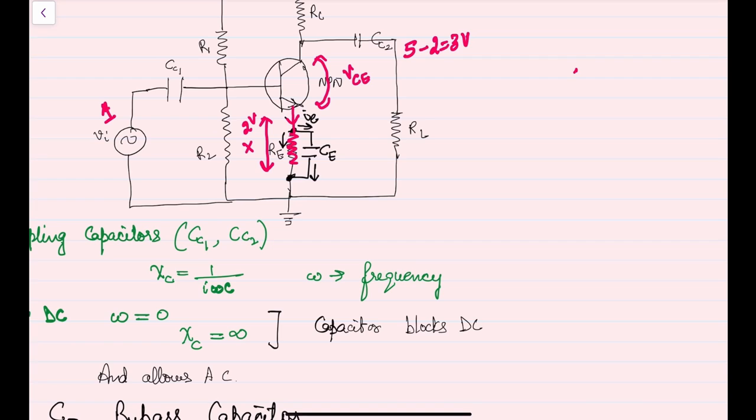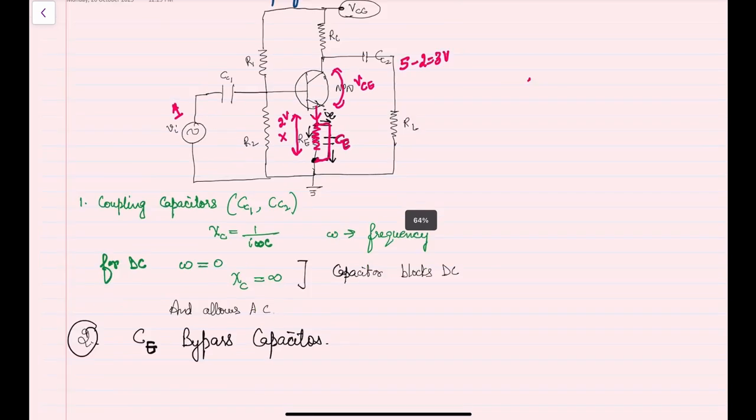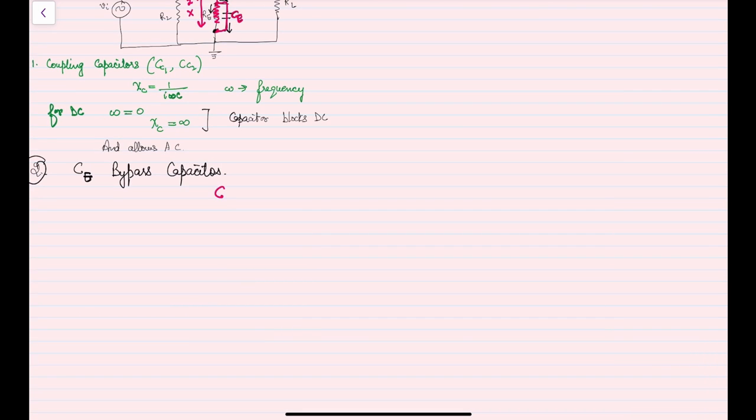So our output will be reduced, and we don't want that. We want an alternative path for the current to pass, and that is given by this capacitor CE. So the requirement here is that XCE should be less than 1 by 10th of RE.